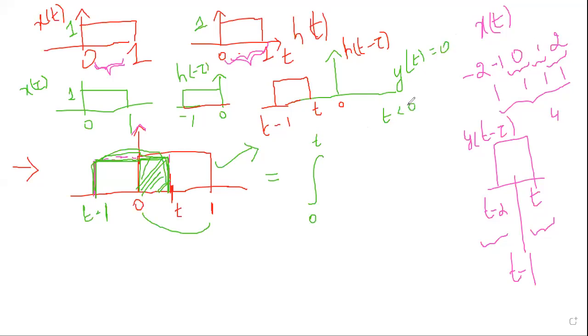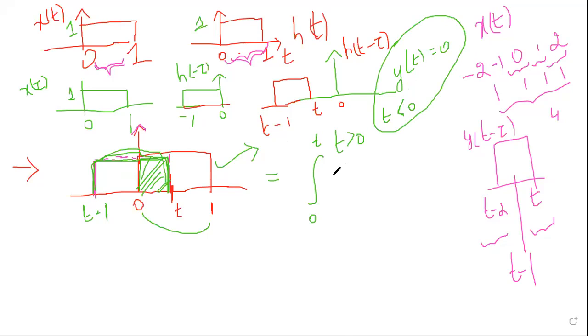Now for this diagram, the condition is t greater than 0. We are doing the work for t greater than 0, and I have not discussed case 1, t less than 0. For t less than 0, definitely there is no overlapping, so it is 0.